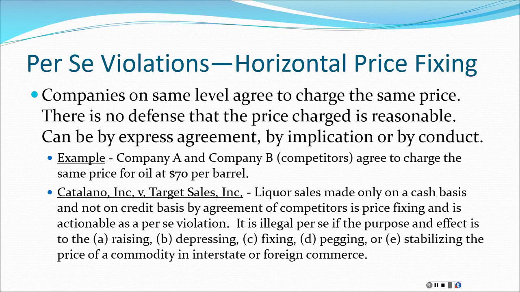Courts have also said in Catalano Inc. versus Target Sales Inc. that it is illegal per se if the purpose and effect of the agreement is for the raising, depressing, fixing, pegging, or stabilizing the price of a commodity in interstate or foreign commerce.